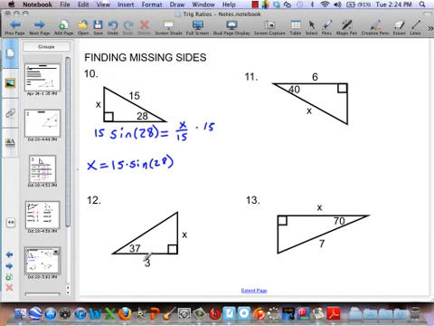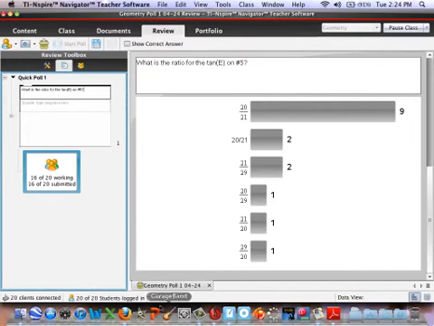Now, what I want to show you on your calculators, you can follow along with me. One of the things you want to make sure of is that you are actually in degree mode.